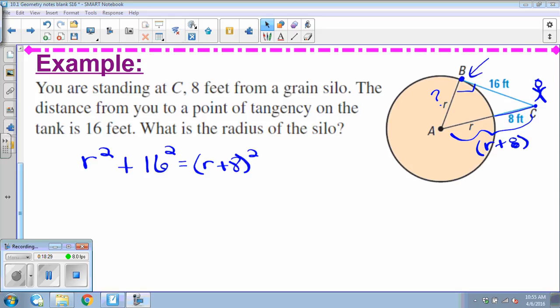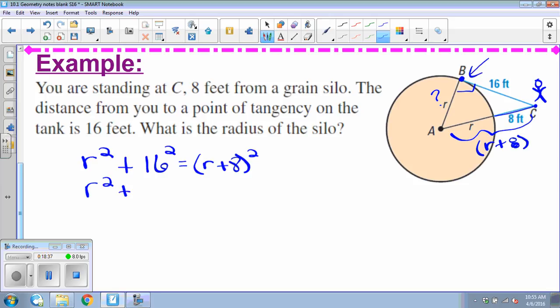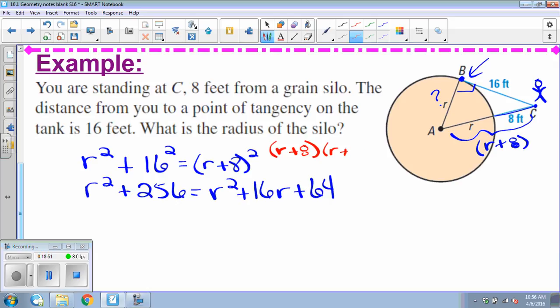Okay, so you should have gotten R equals 12. Because you have R squared plus 256 equals R squared plus 16R plus 64. When you expand R plus 8 squared, that is R plus 8 times R plus 8. Okay? And that distributes to equal that. And so my R squareds cancel.